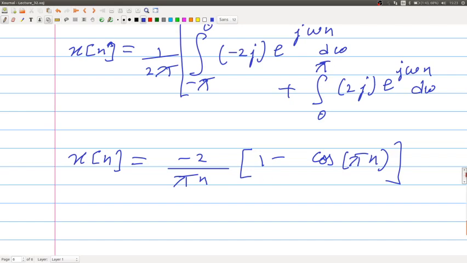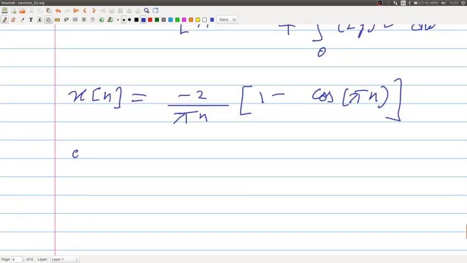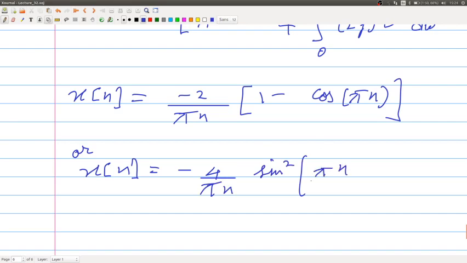I can also write this in the form of sine. So I can write this as 4 by pi n into sine square pi n by 2.